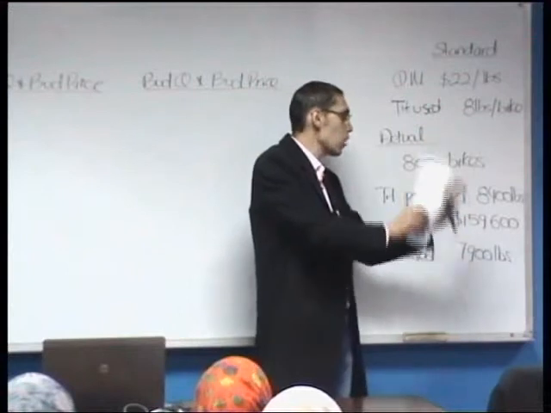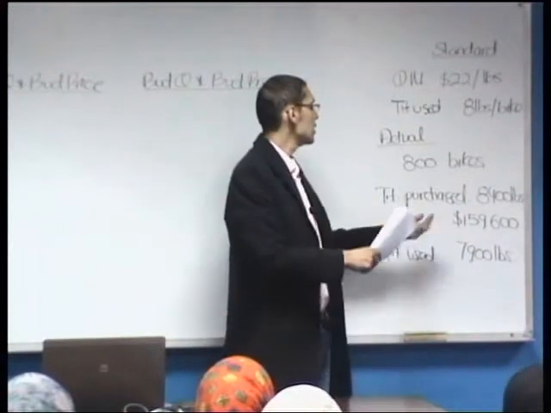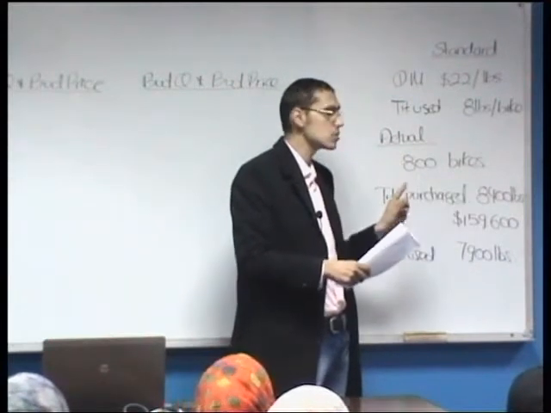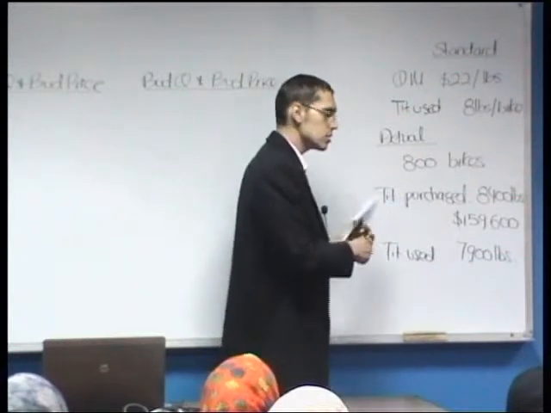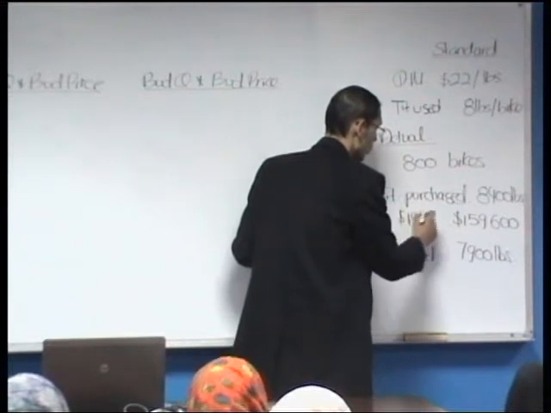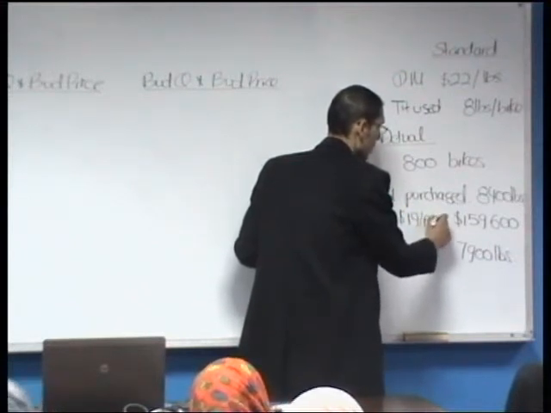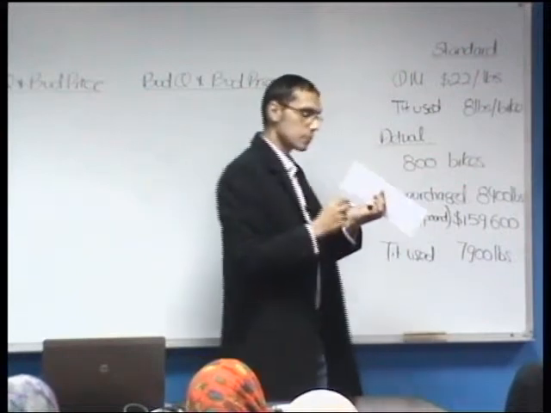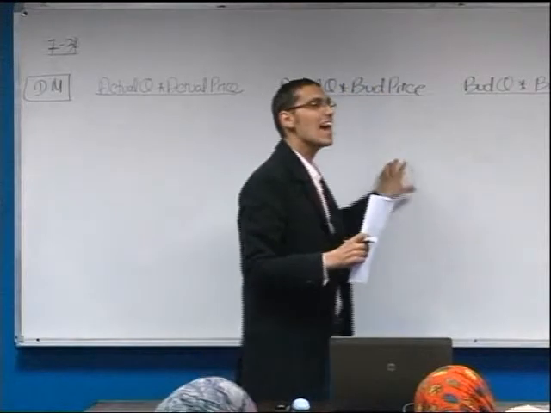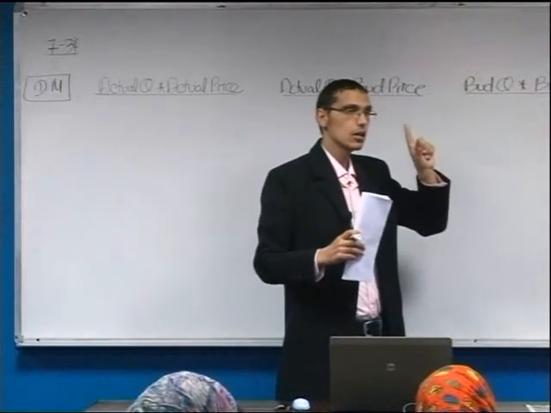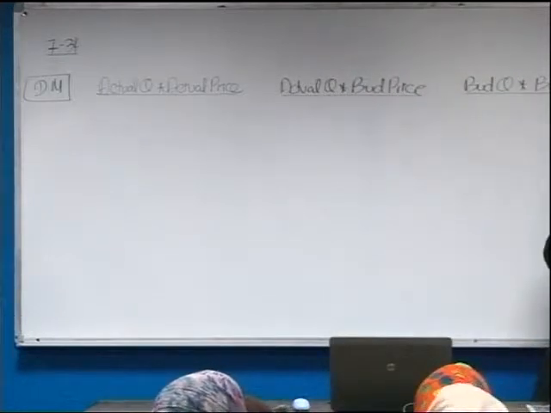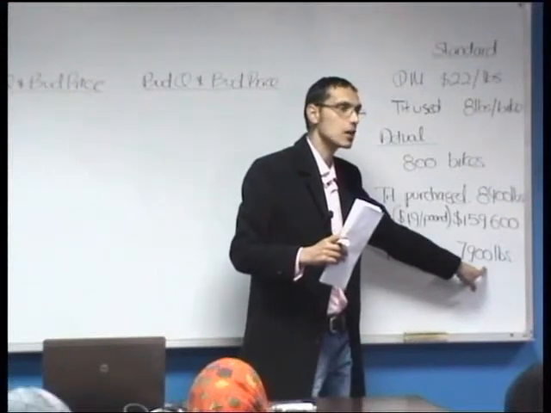purchased 8,400 pounds by a specific price, which is the 159,600 divided by the 8,400 pounds. $19. It would be $19, of course, per pound. And then, when we are considering the efficiency variance, we will consider not the amount purchased, but the amount that were used in the manufacturing process.